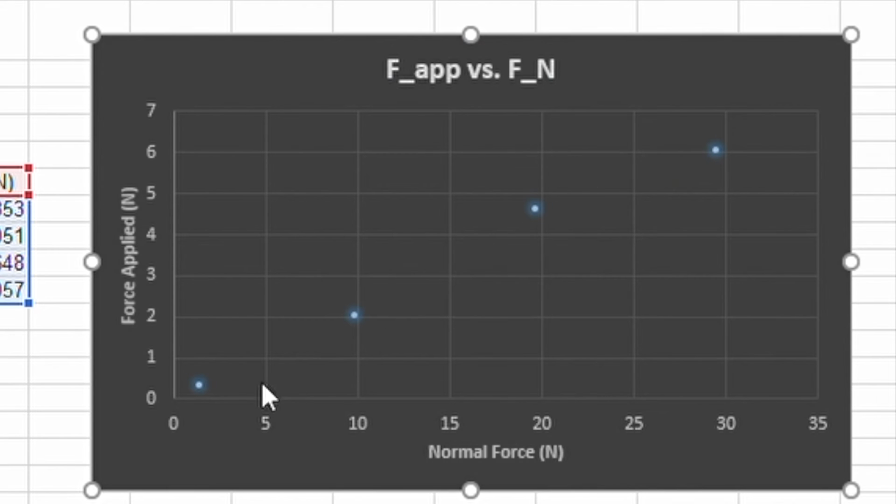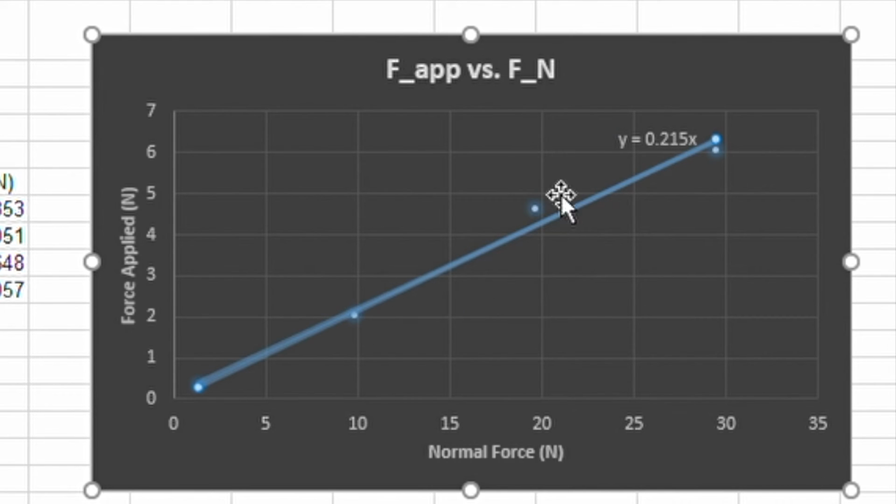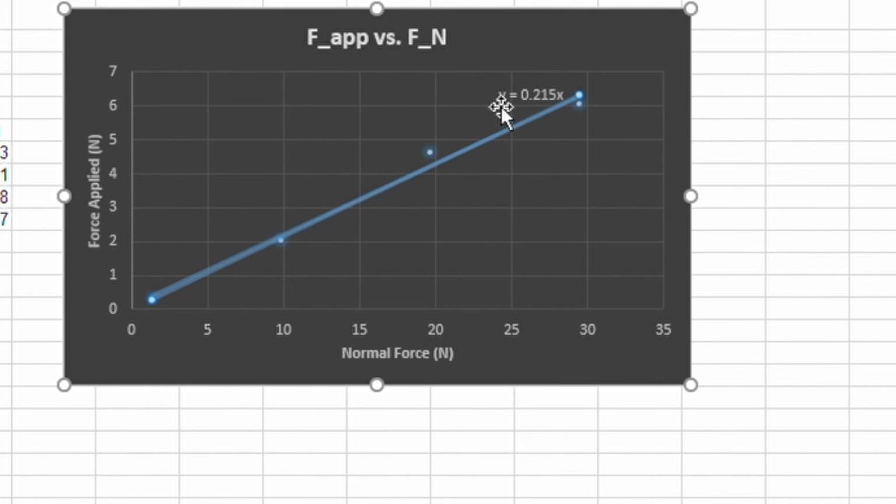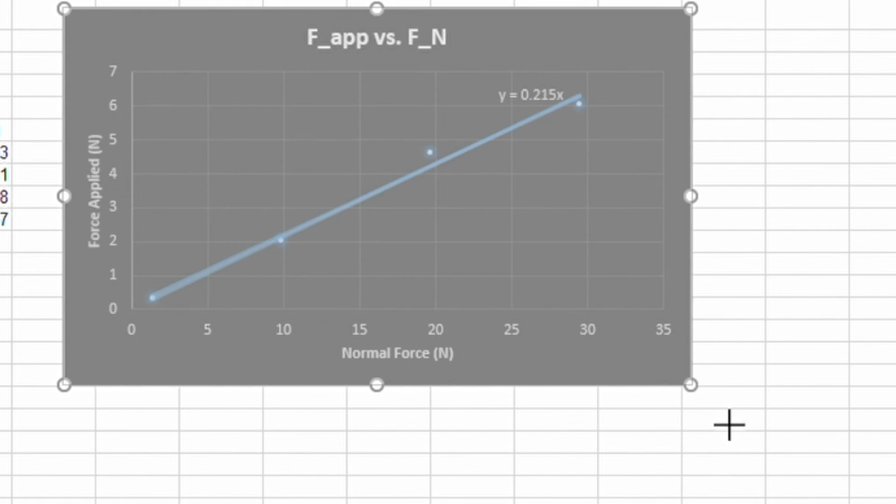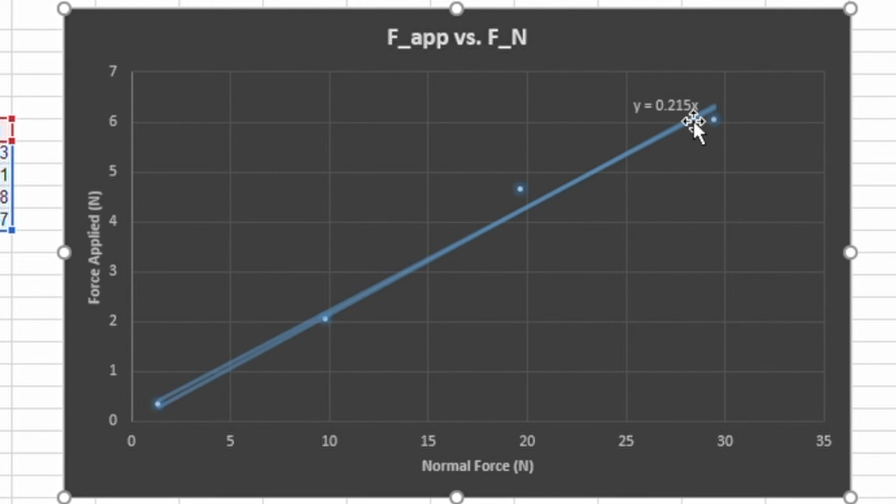Now we're going to proceed to select these data points, and we will be plotting the force applied versus the normal force. Therefore, we're going to plot the applied force in the y-axis, and the normal force in the x-axis. Now we're going to put a trend line for these data points, and we're going to set the y-intercept equal to 0. We see that our equation is going to be y equals 0.215 times x.